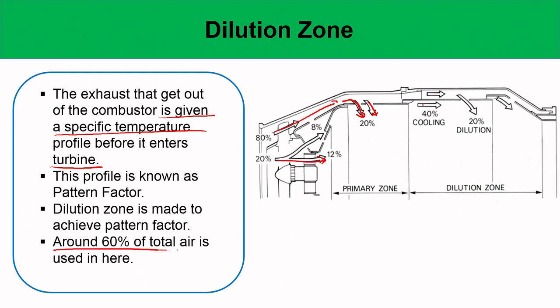And as you see, about 60% of the total air is used in this one. So a lot of air; the aerodynamics in these combustors is very important, because it leads to the cooling and control of pollutants, and also to achieving the particular pattern factor. So, this is the purpose of the dilution zone.